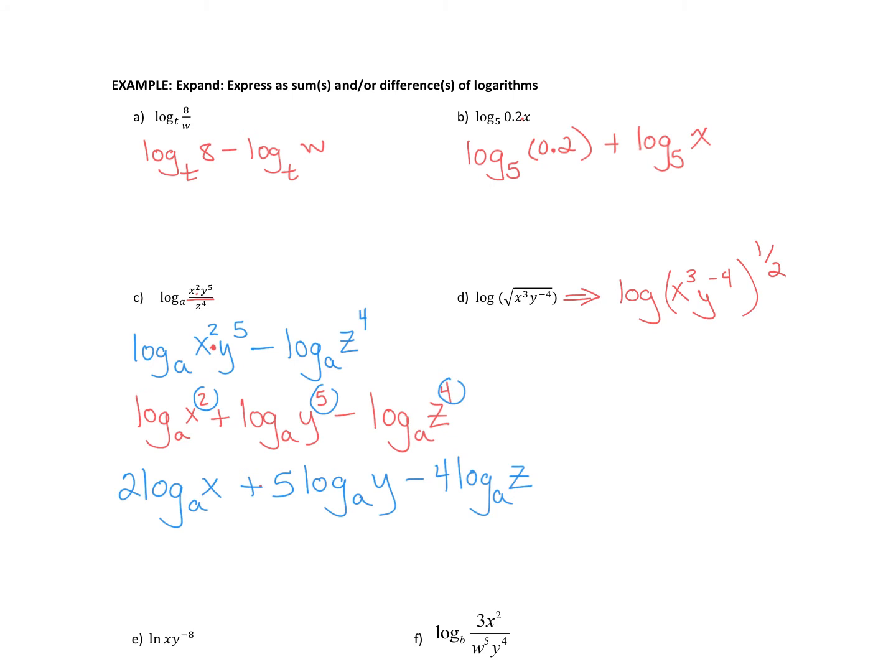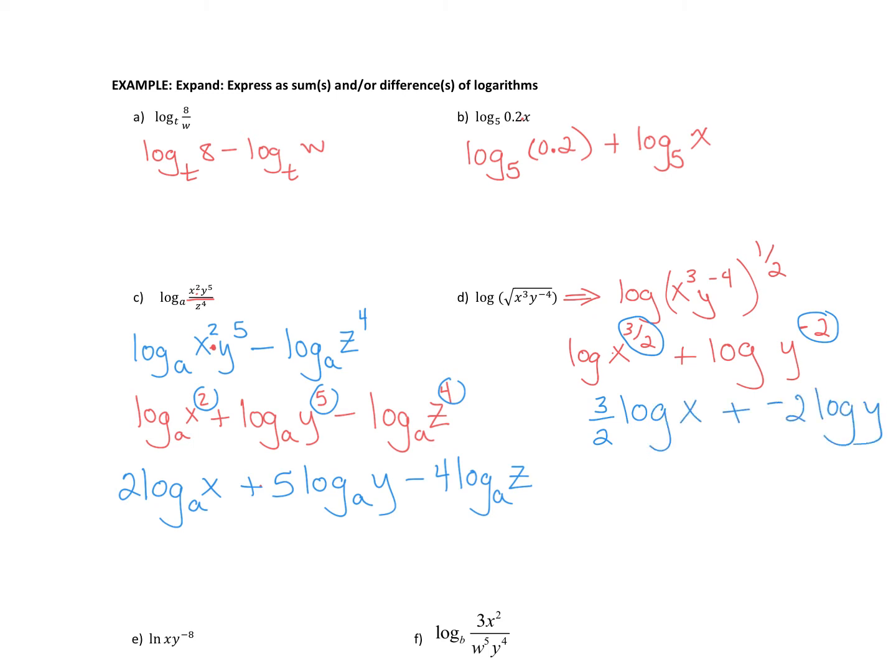I think I'll do the latter. So I'm going to have log base 10, we don't have to write it, of x to the 3/2 plus log base 10 of y to the -2, and then bringing our exponents down in front of their respective logs, I'll get 3/2 log x plus -2 log y.